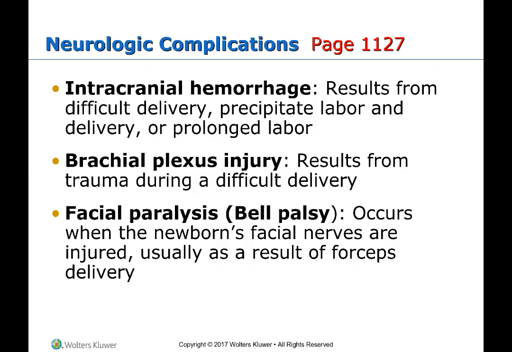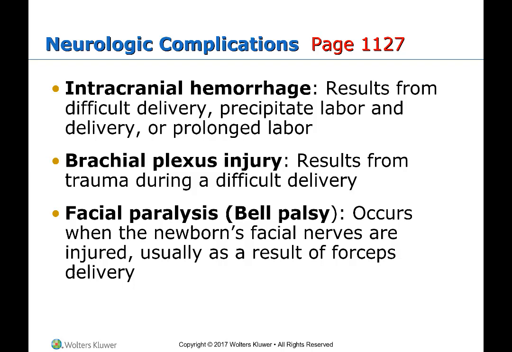For these infants, you do not want to stimulate them. No loud noises, no bright lights. Do not change any settings abruptly of any of the mechanical devices.